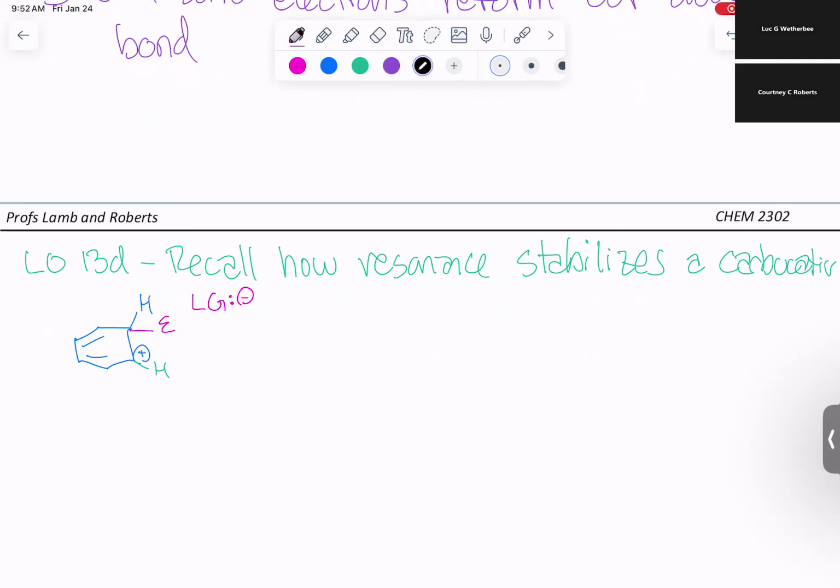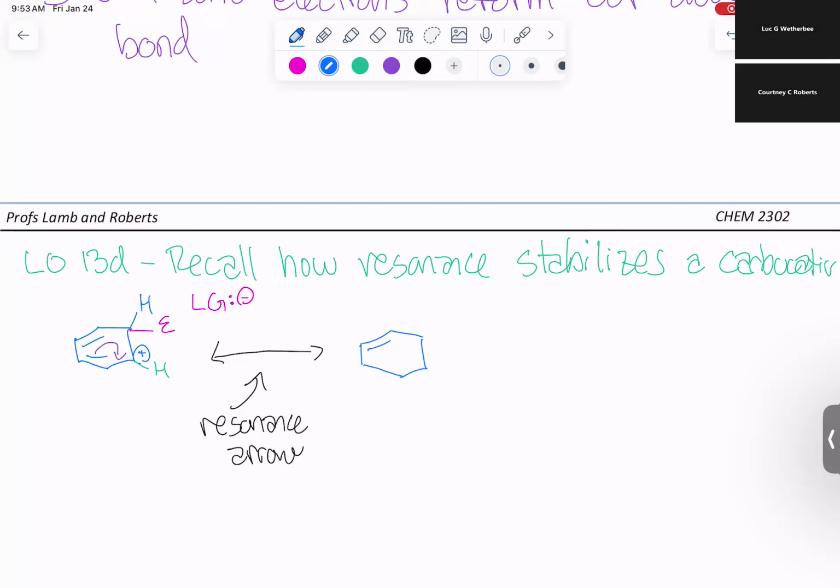So we can think about stabilizing this carbocation through resonance. Recall that this is a resonance arrow. We can take this neighboring double bond and move it over to quench our carbocation. It's in conjugation.